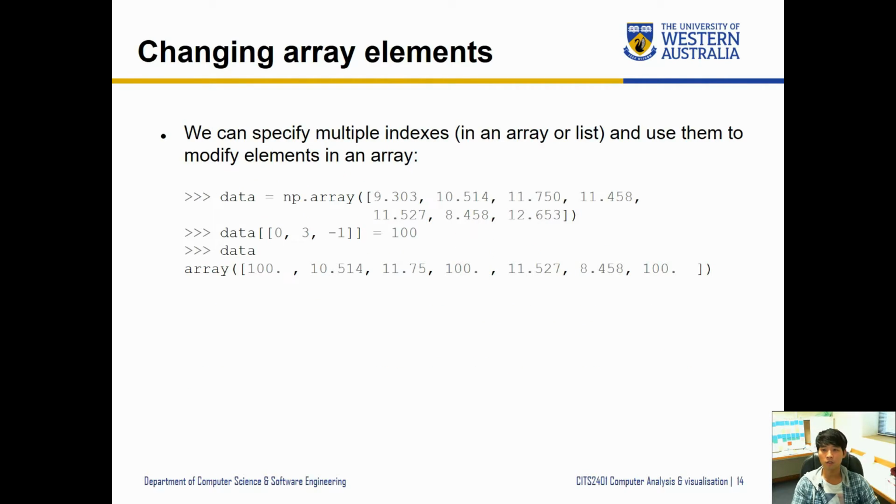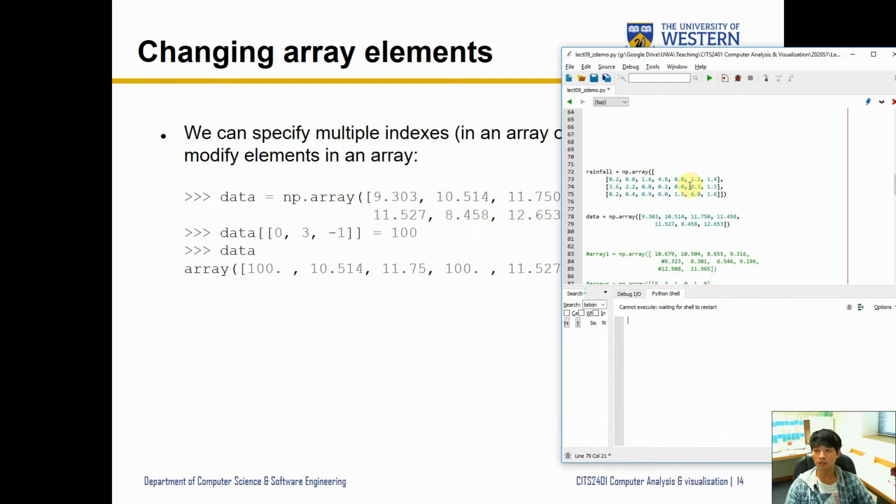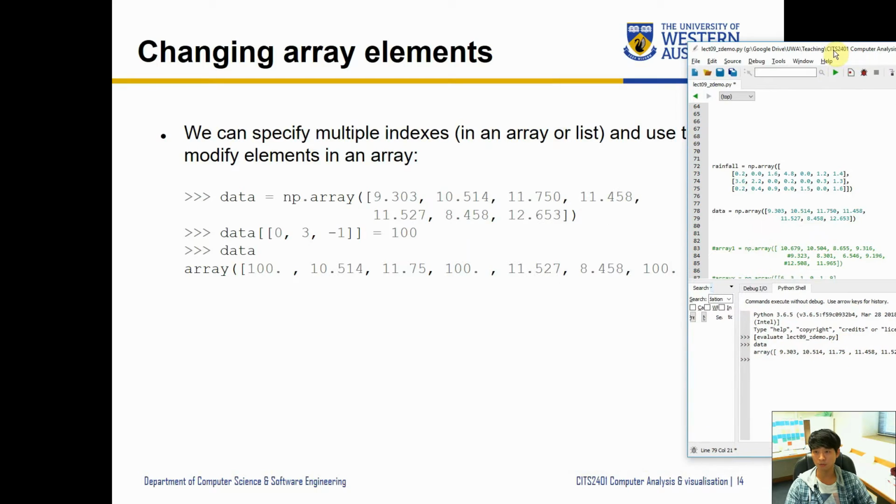Okay, so we can specify multiple indices and use them to modify elements in an array as well. If I want to convert multiple items in the list to a new value, then I can do that. This time we're going to use this data array, which is just one long list containing some random values.